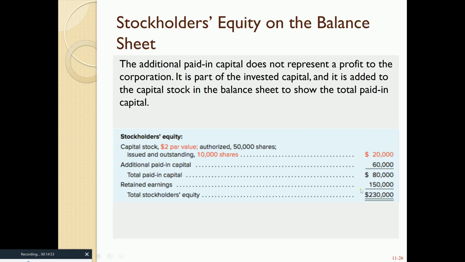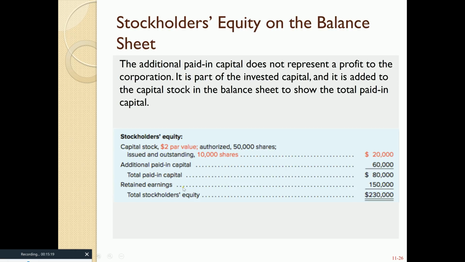80,000. And then the other part of the equity section, as I said earlier, is when the corporation actually runs the business and they generate revenues and they incur expenses and they pay out dividends. As I so nicely, hopefully you agree with me, nicely said in prior studies, they're called the RED accounts, R-E-D, revenues, expenses, dividends.